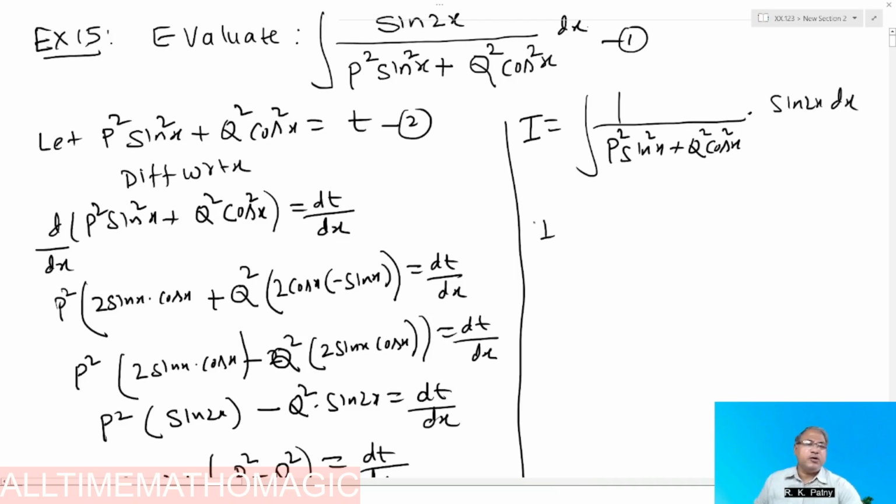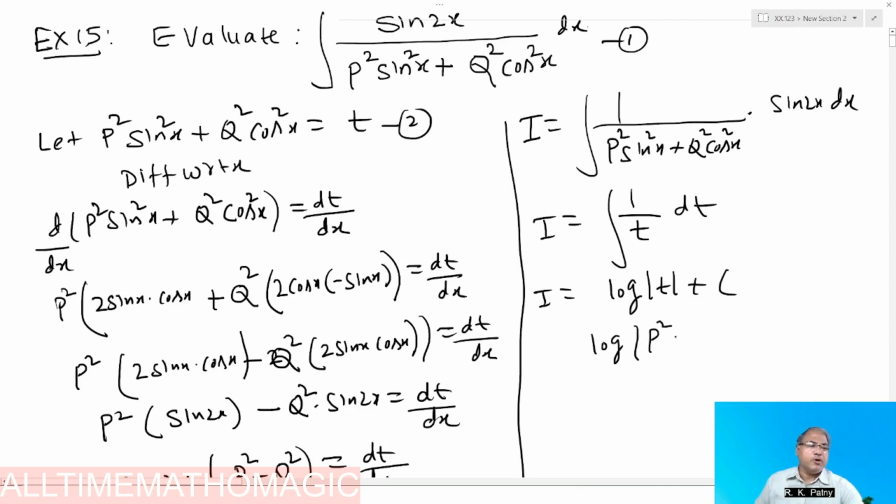From 2 and 3, I equals to integration of 1 upon t dt, that is nothing but log of modulus t plus c. What is the t value? T value is nothing but p square sin square x plus q square cos square x, modulus, plus c. This is the required solution.